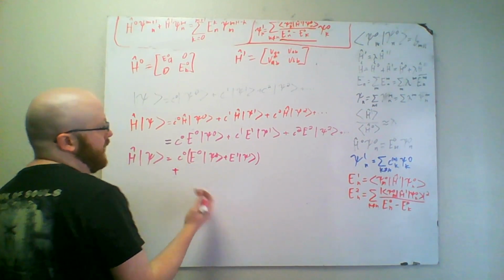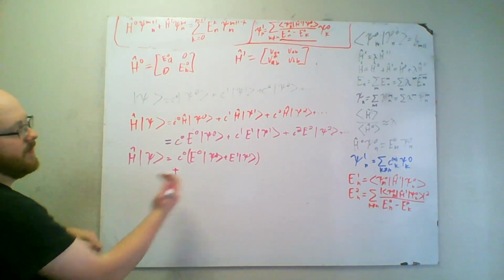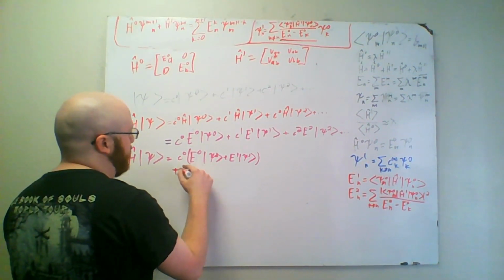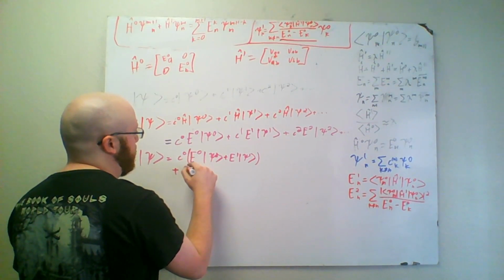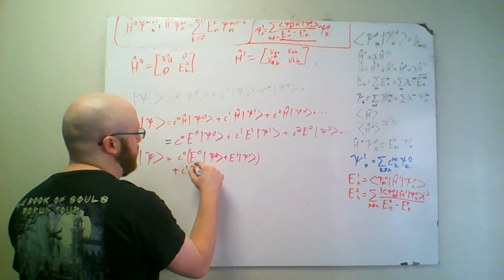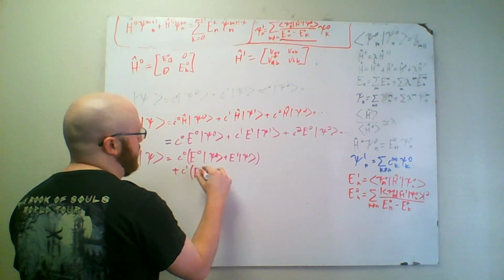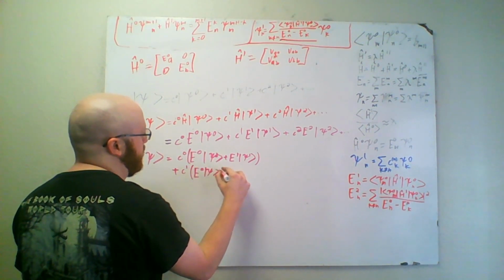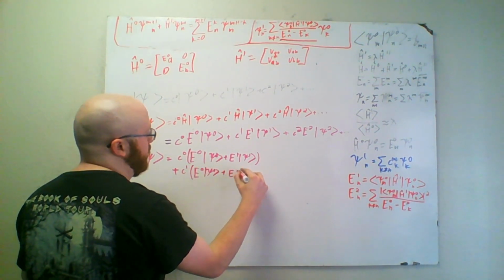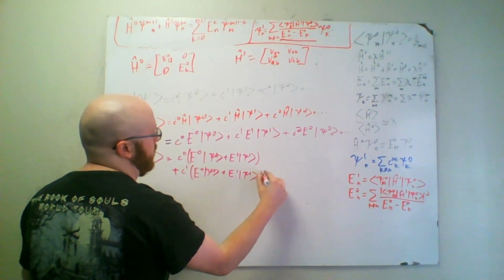Plus, and then it has to be complex conjugate transpose, so that means it has to be symmetric. Plus C1 E0 psi 0 plus E1 psi 1.